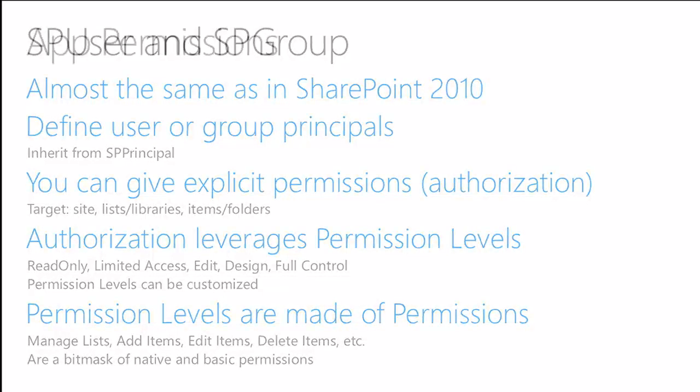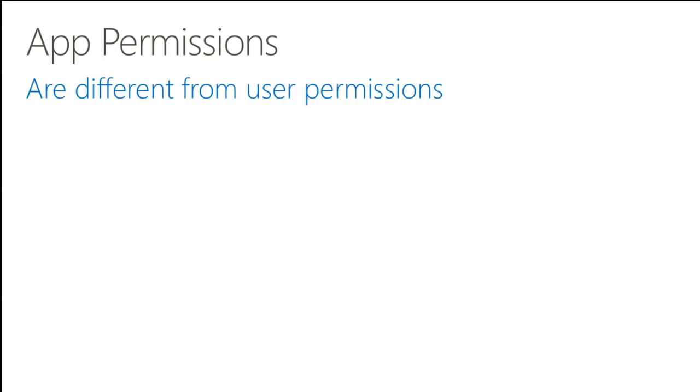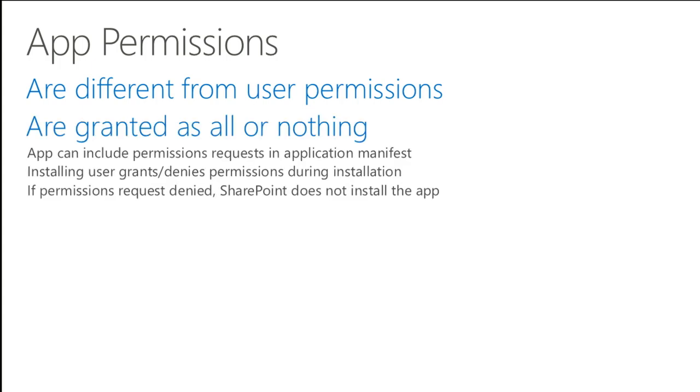And what about apps? From an app perspective, apps are not users, okay? So, apps are granted permissions on an all or nothing basis. So, when you create an app, you have an app manifest file where you can declare the permission requests that are required in order to make your app run properly.